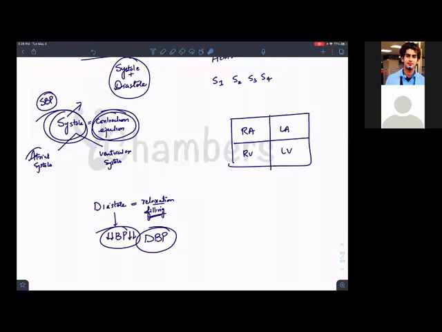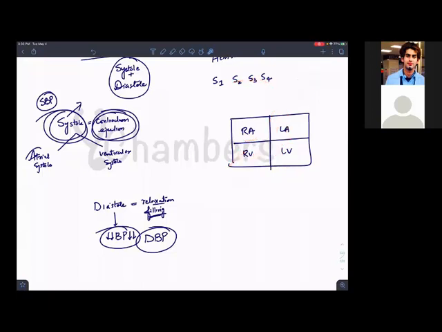Now, in ventricular systole, what should happen? There should be no filling of the ventricle. The ventricle should be only contracting against the closed valves so that all the blood can go through the vessels. Can we understand?